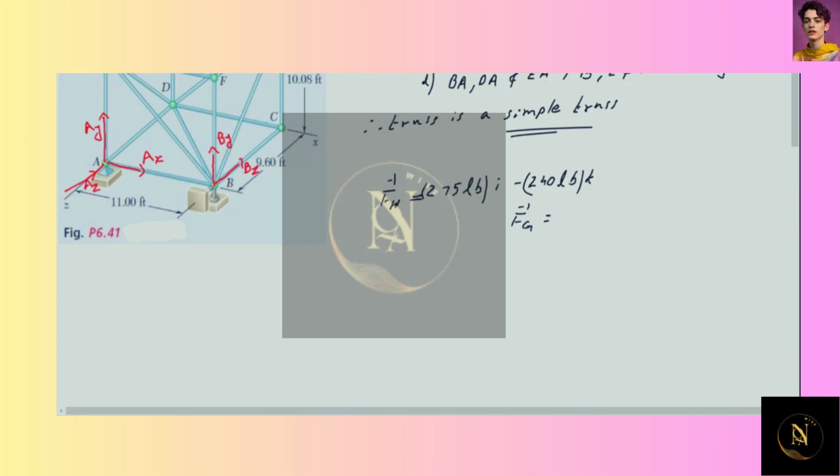Vector FG will be equal to minus Gy along J, and the vector FB will be equal to By along J minus Bz along K.